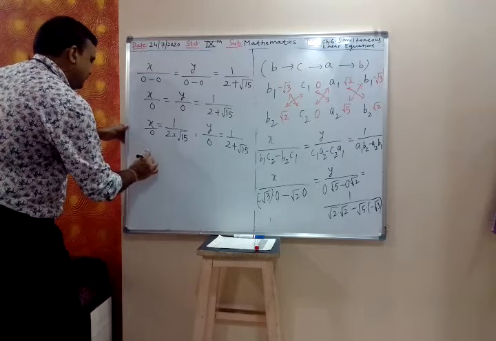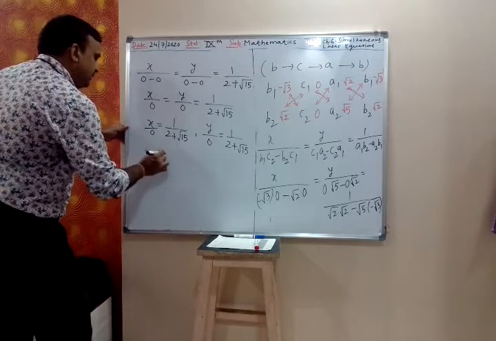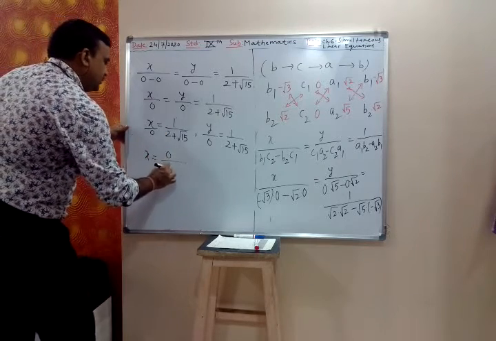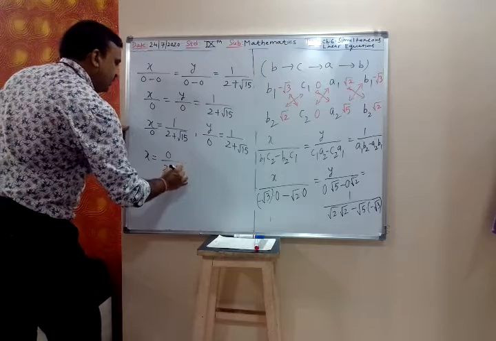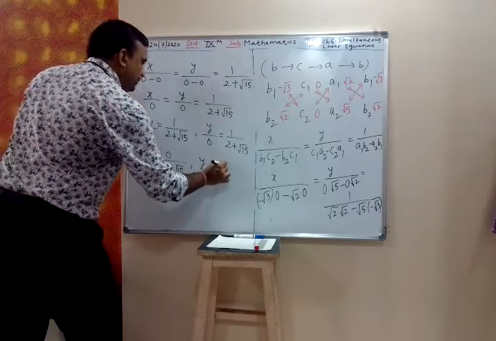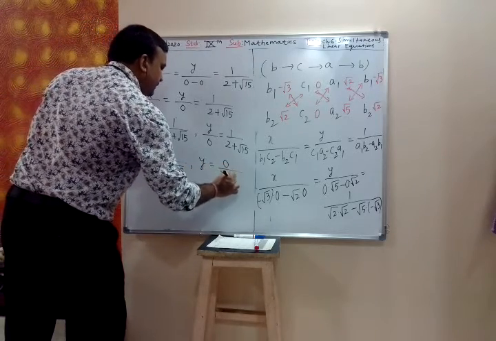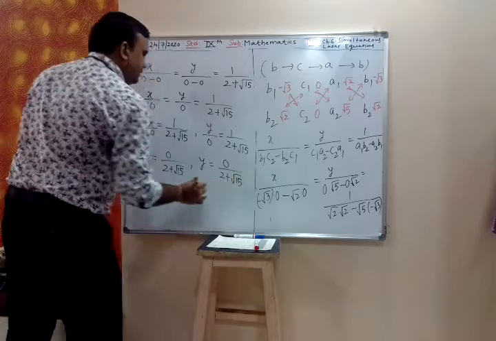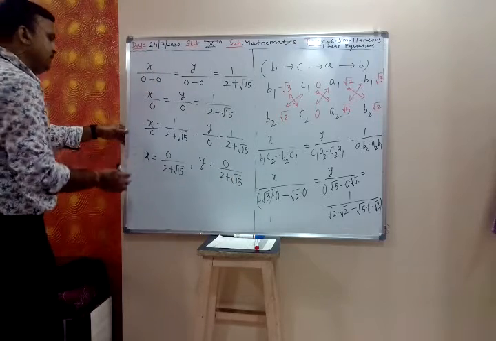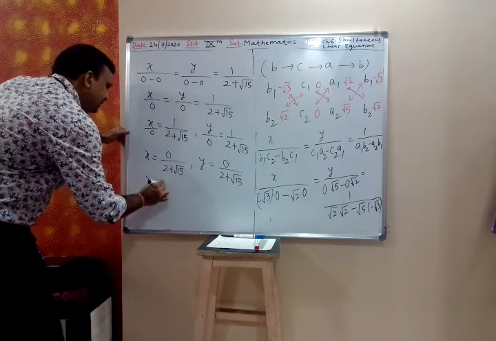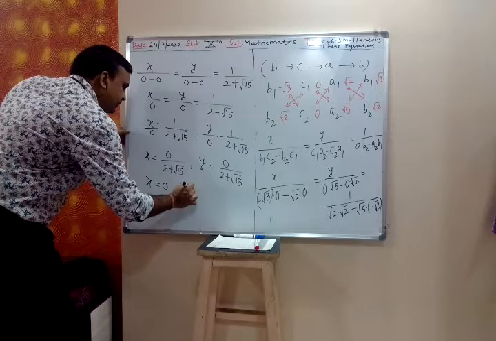How we have got 0, that I am explaining. So that gives x is equal to 0 upon 2 plus root 15 and y is equal to 0 upon 2 plus root 15. So whenever numerator is 0, that number becomes 0. So x is 0 and y is 0.